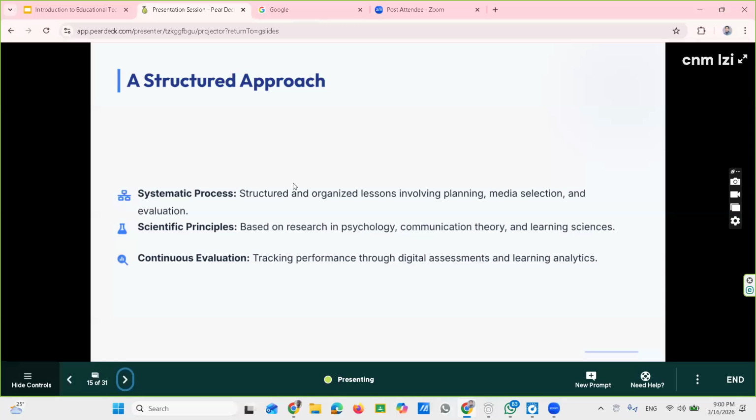Then scientific principles, based on research in psychology, communication theory, and learning science. Communication theory and learning science are very important if you are using educational technology in the classroom. There are various communication methods.